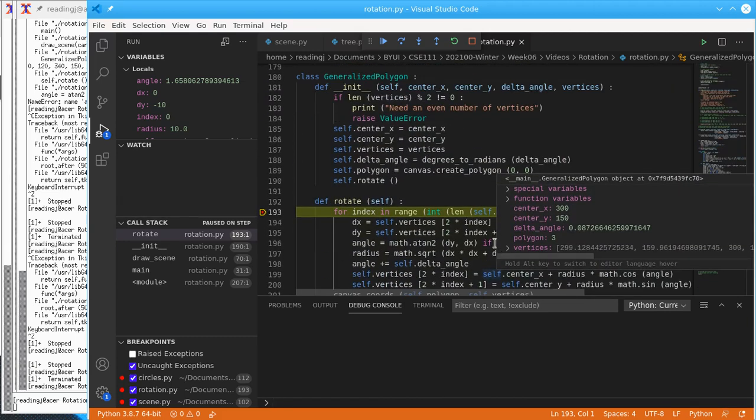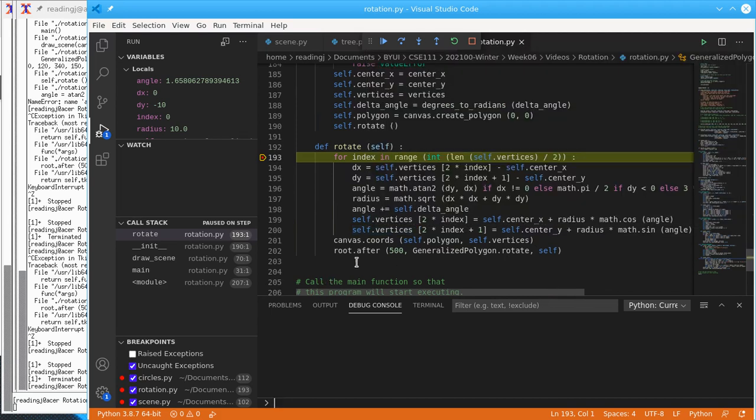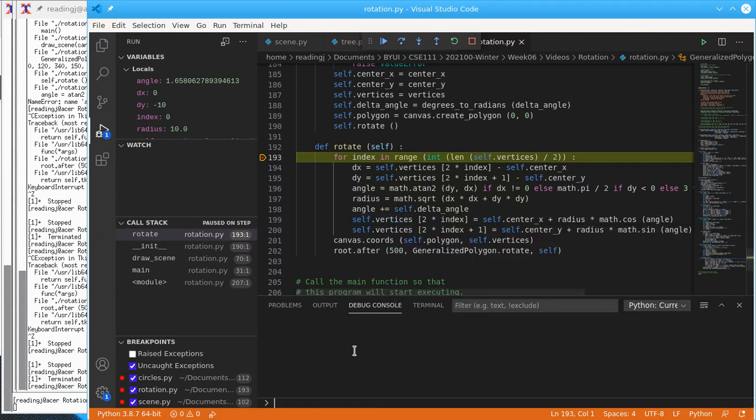And now it's become, oh, that's 299. I thought it was 200. Okay. So x, y. Y shouldn't have moved that much. Self.center y is 150. Oh.